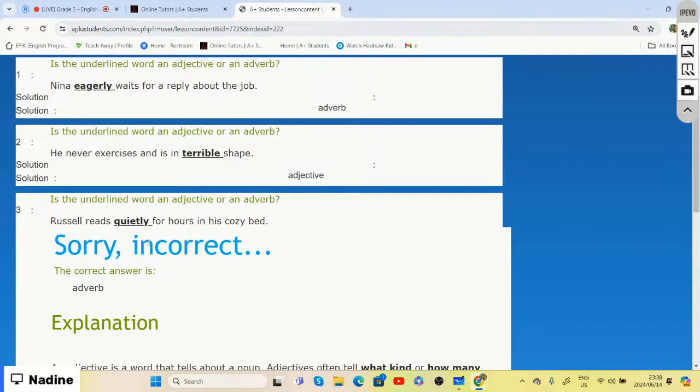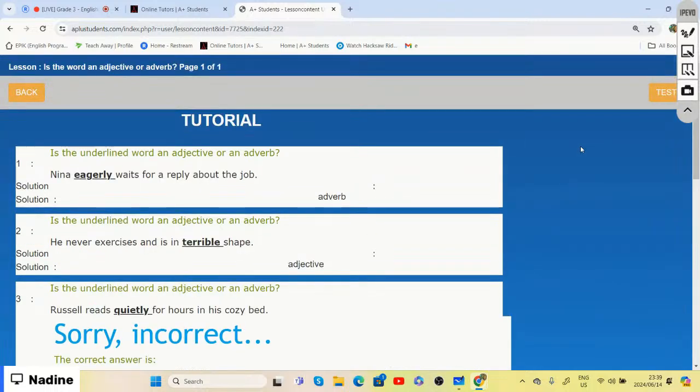If we look at that sentence and identify the underlined word, we would say that's an adverb, and the adverb is quietly, because it tells us what she's going to do. So quietly is an adverb, and it talks about her reading quietly.